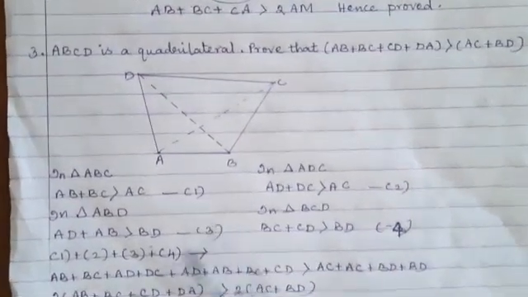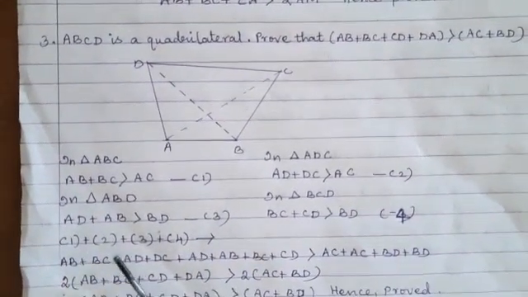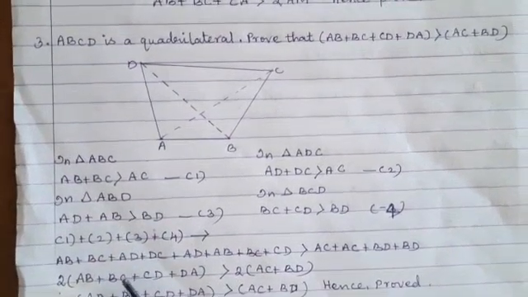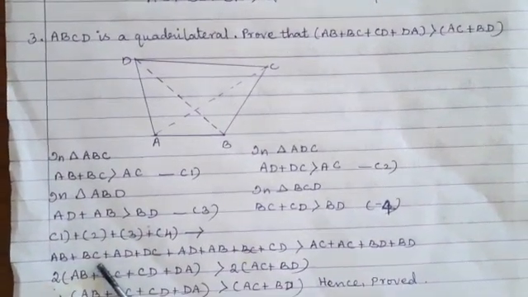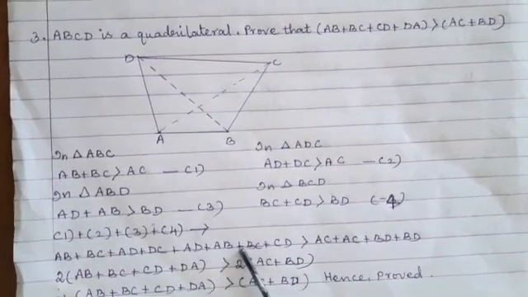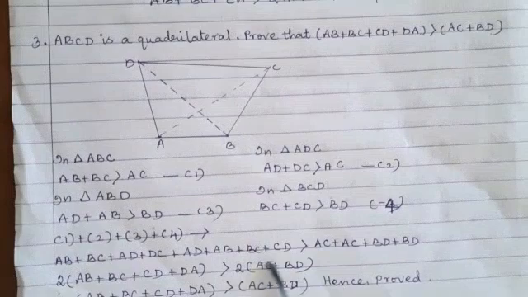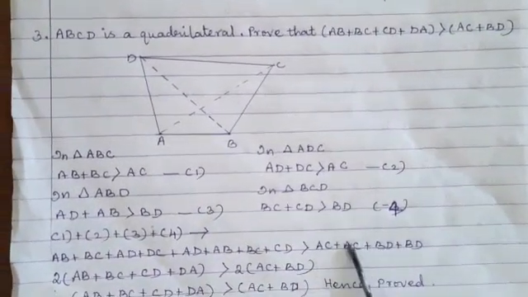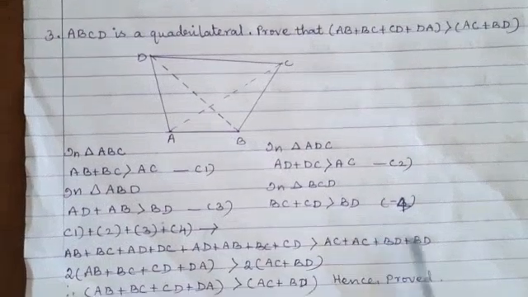Now we will add all the 4 equations, 1 plus 2 plus 3 plus 4. First we will add the left hand side of all the equations, that is AB plus BC plus AD plus DC plus AD plus AB plus BC plus CD is greater than AC plus AC plus BD plus BD.